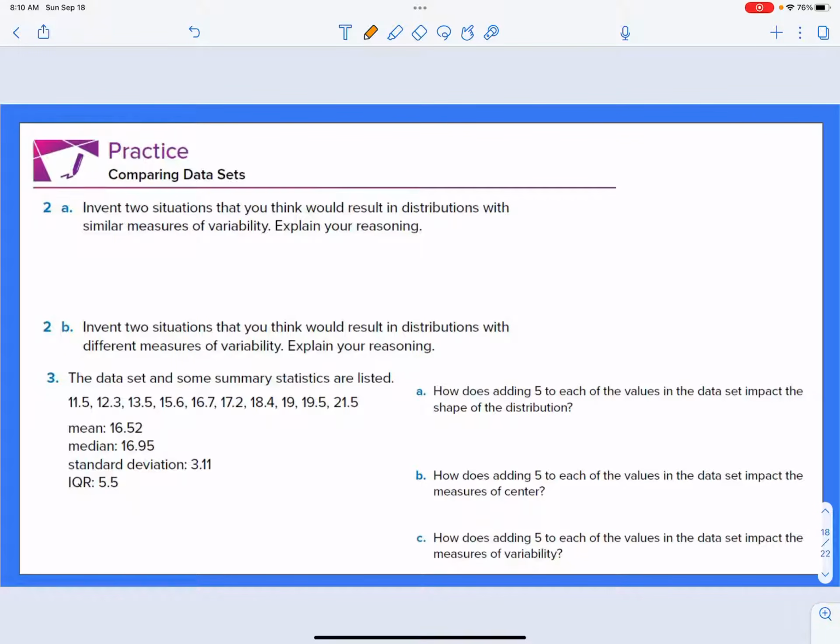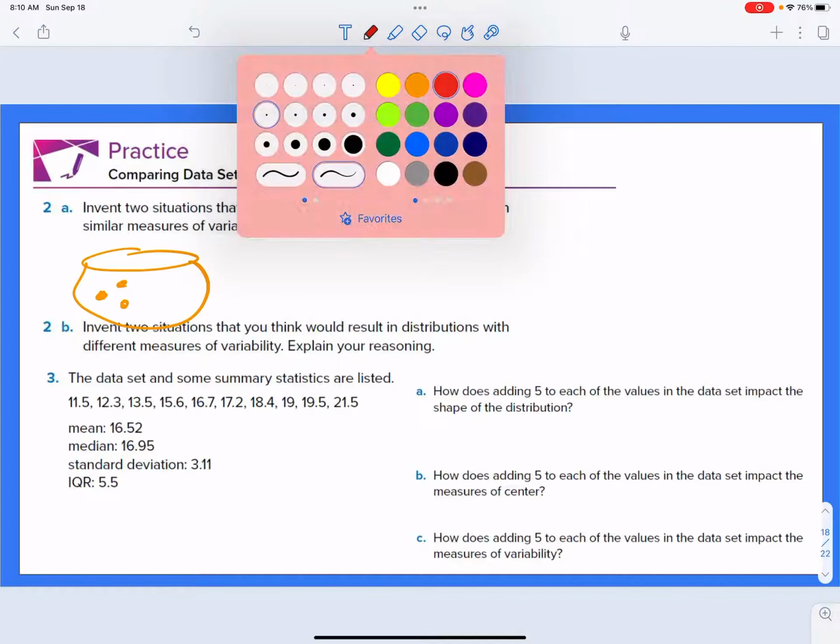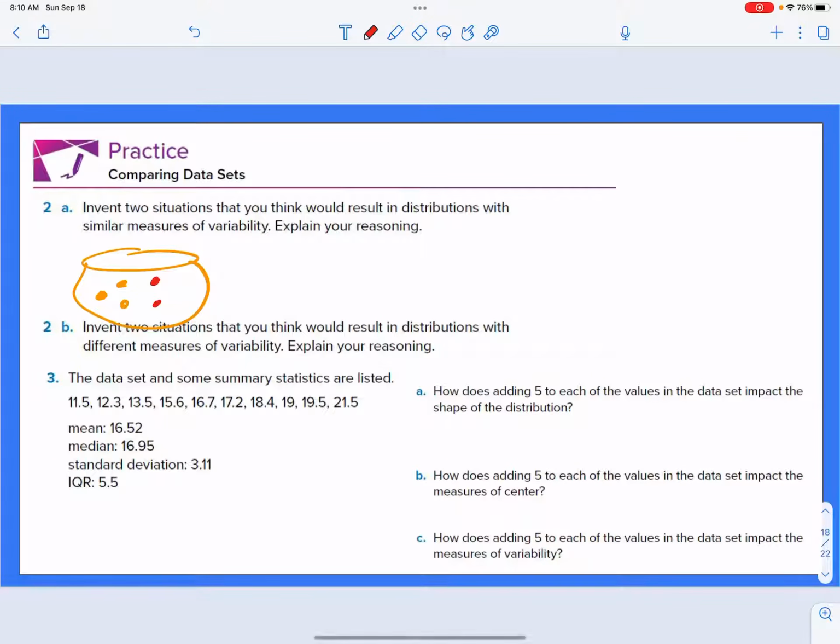So like two things that you would do where if you did two experiments, you get the same variability. So it'd be something that would be very consistent in what you're doing. So maybe you have a bag, and in the bag you have 3 orange little tiles and 3 red tiles, and you reach in and you pick 10, and then you do it twice.